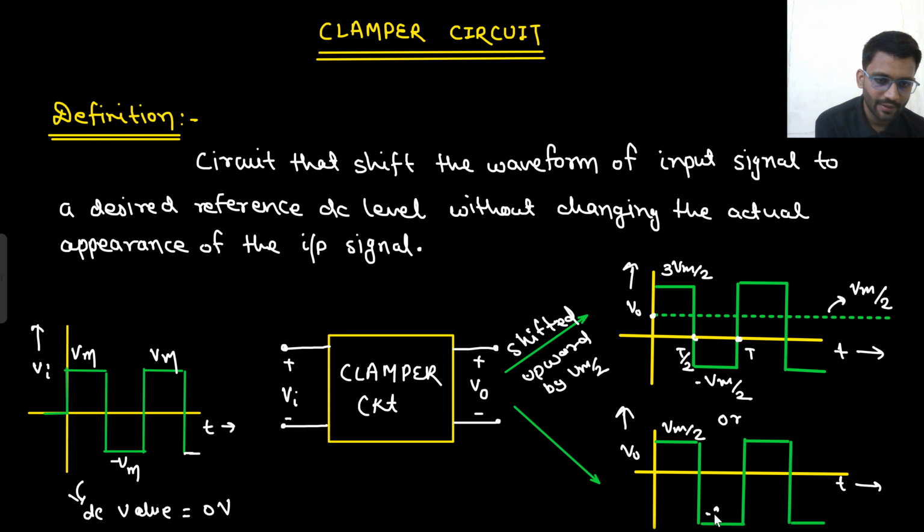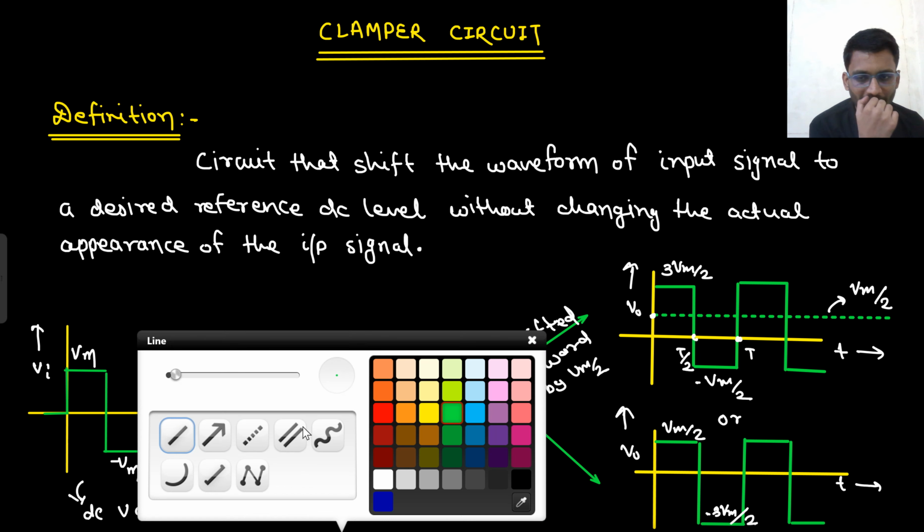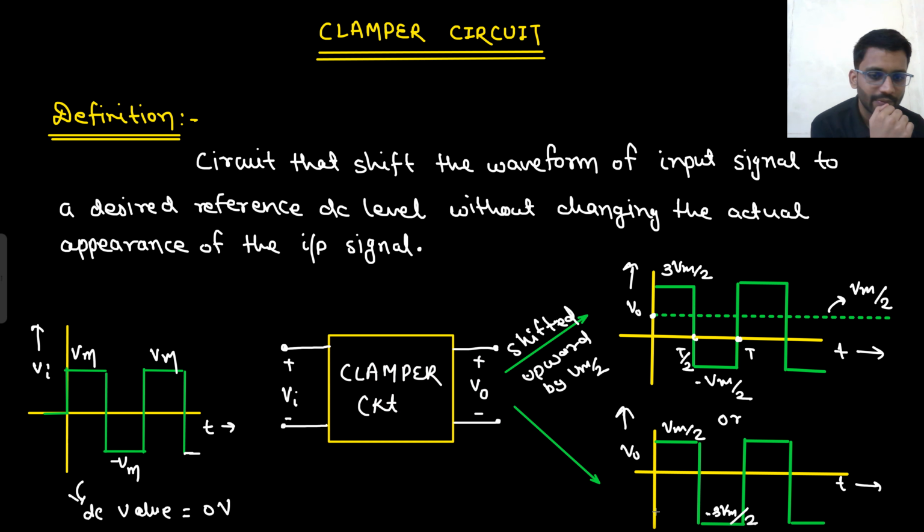This value will be minus 3 Vm by 2. And what will be its DC value? DC value will be minus Vm by 2, right? So this is what a clamper circuit does.